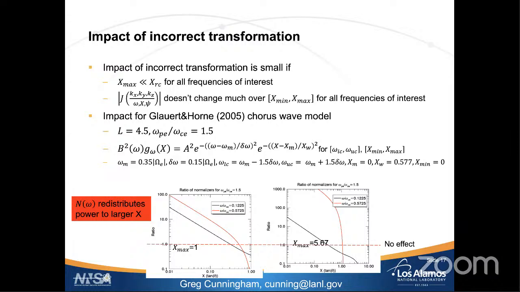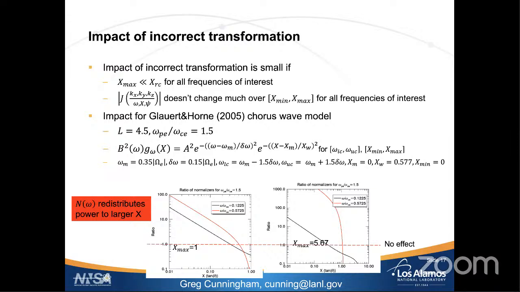For the chorus wave model used in Glauert and Horn's 2005 paper, I plot the ratio of the two normalizers for two different normalized frequencies, 0.1225 in black and 0.5725 in red, and two different values of X max, one on the left as in the original paper, and X max equal to 5.67 on the right, as is used for many studies that are interested in oblique waves. The ratio can obviously be many orders of magnitude different than 1, but it can also be close to 1 for certain values of X.